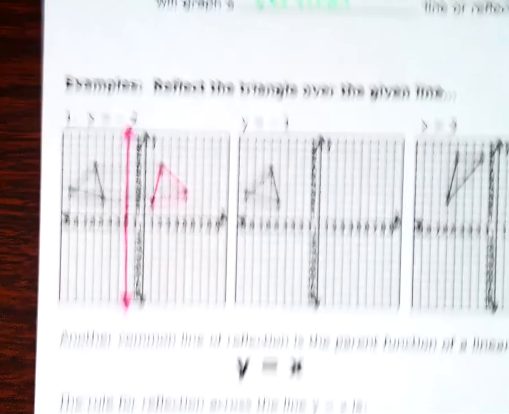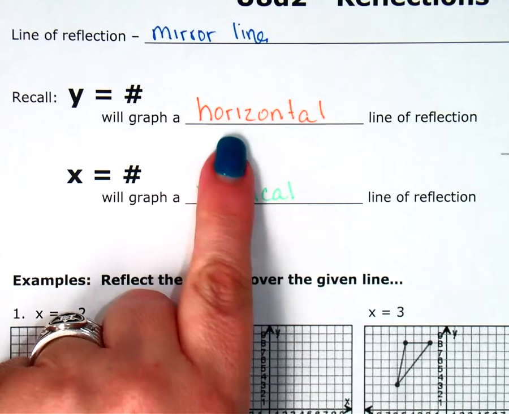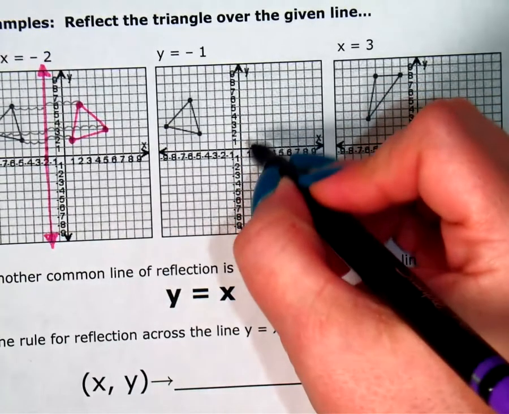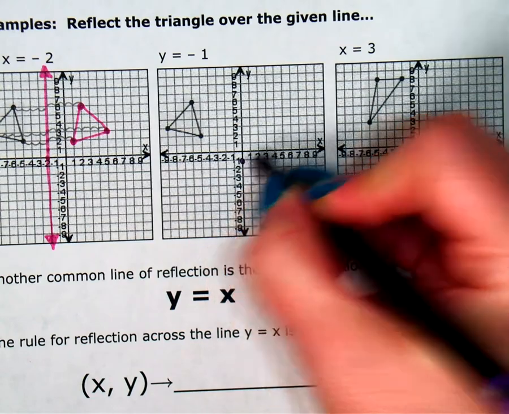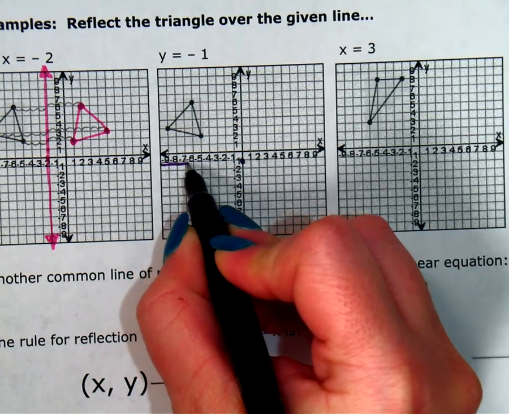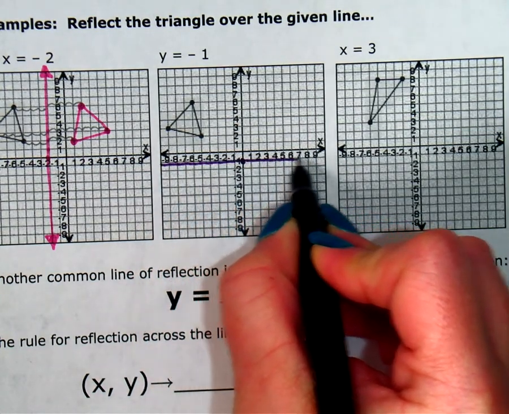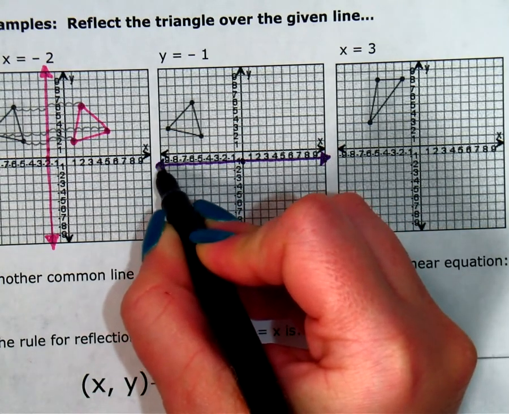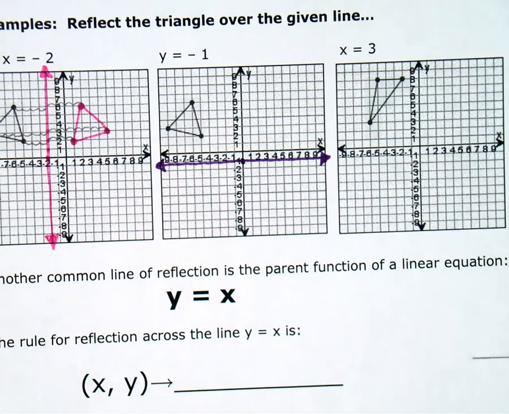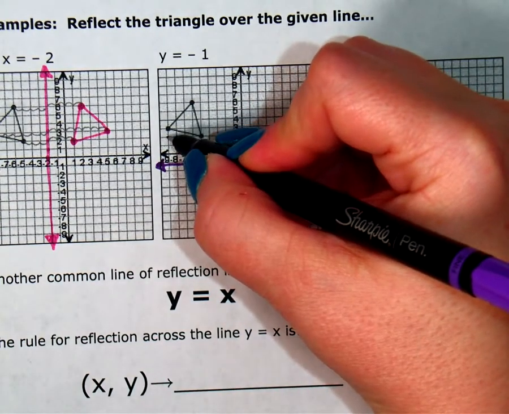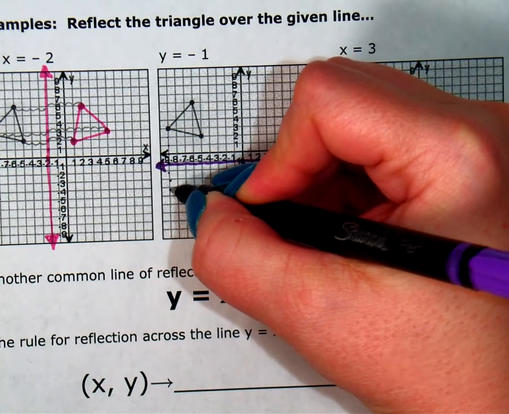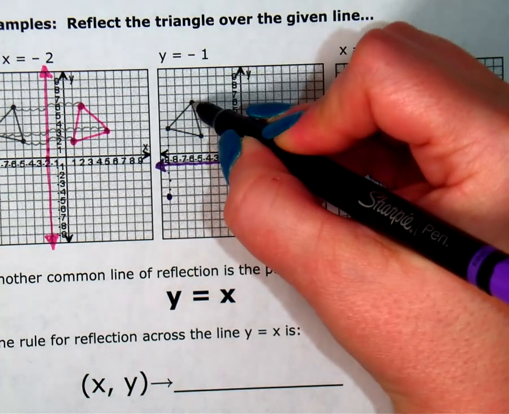I have y equals -1. Again, y equals a number is a horizontal line at that number. On my y-axis, y equals -1 is right here, and a horizontal line through that point is my line of reflection. Then every point will be the same distance. So if I look here, 1, 2, 3, 4, and 1, 2, 3, 4.